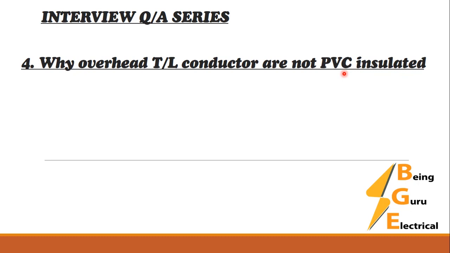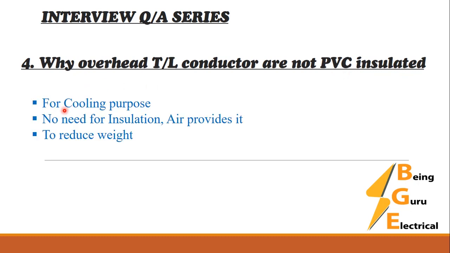This allows the conductor to cool easily, because air will pass through the conductor and cool it. If you cover it with PVC insulation, the PVC insulation will block the cooling by the natural air around the conductor.